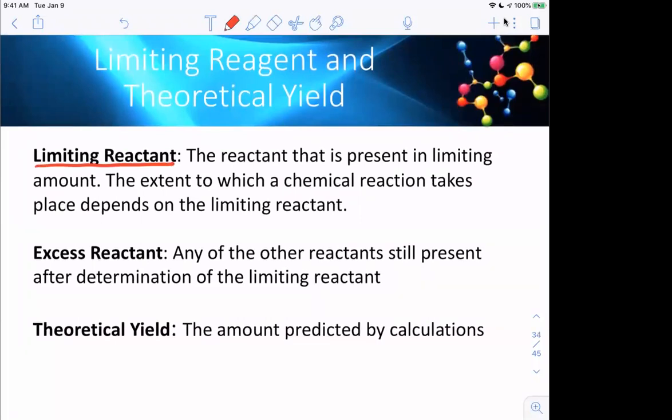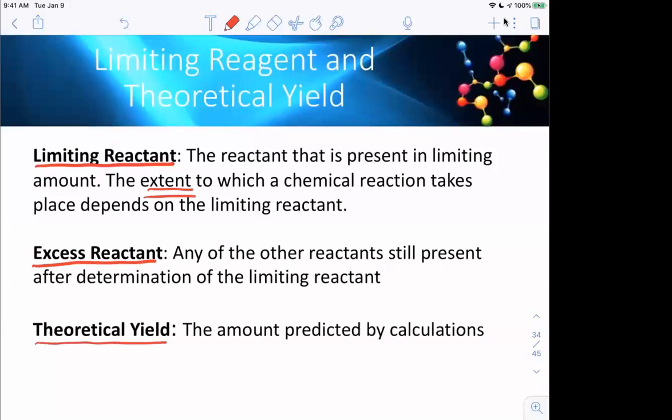There are no more molecules to react. So the limiting reagent determines the extent to which a chemical reaction can occur. Excess reactants are any of the reactants that I have left over after all of the limiting reactant has reacted.